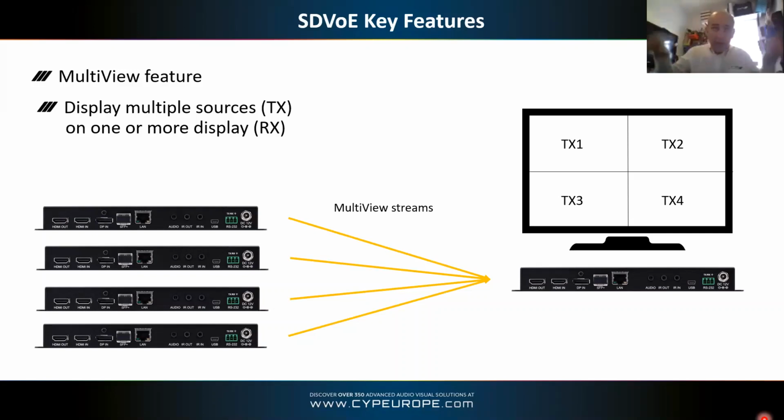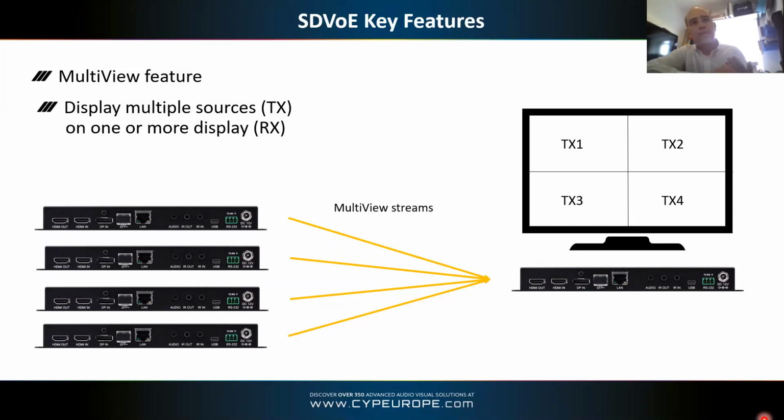So 4K overall, 1080p because you quadded it. And the TX can actually transmit that, even though it's coming into the TX in 4K. It will transmit the 4K one out as the primary stream, and then dependent on how you've set up your multi-view, in this case quadrants, it will send a 1080p output for anything that's requesting the multi-view stream.